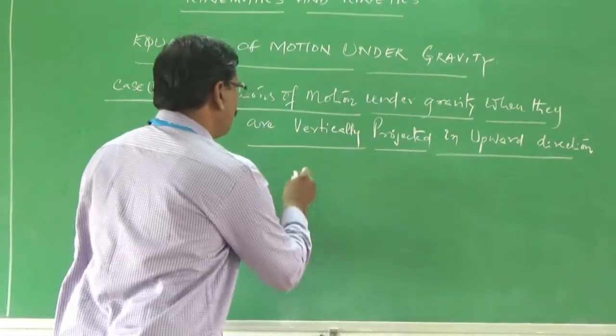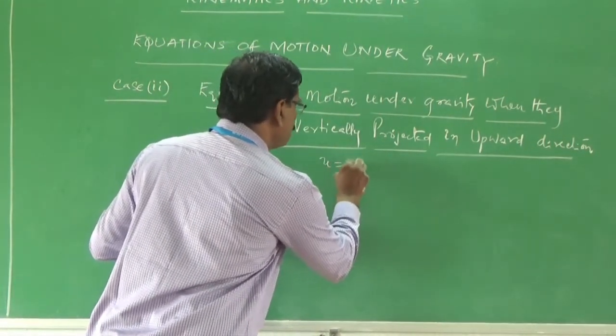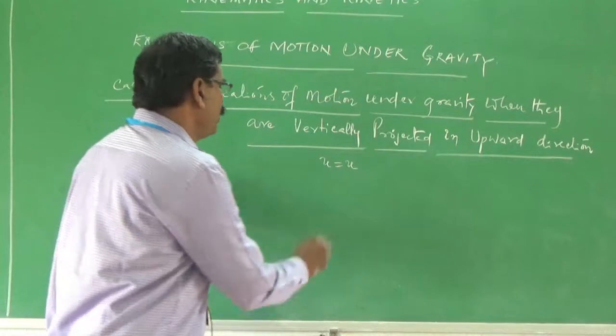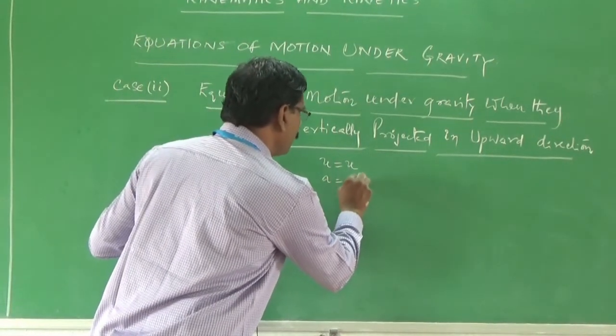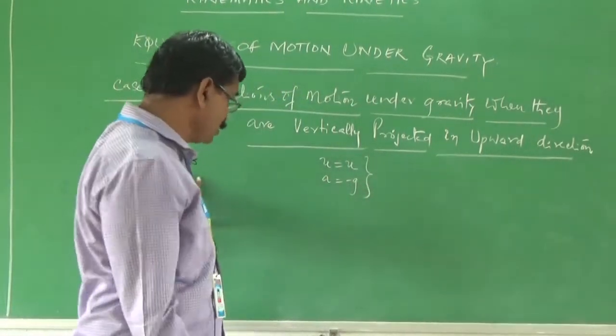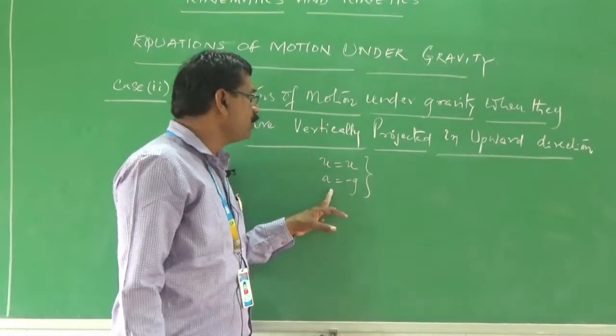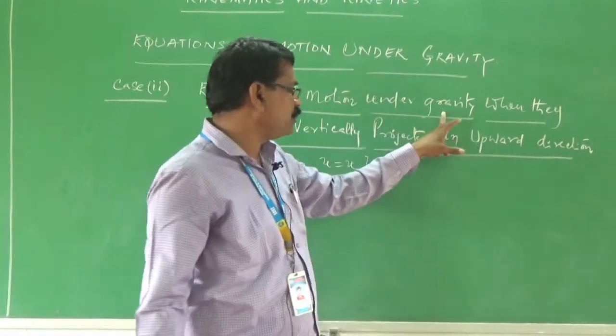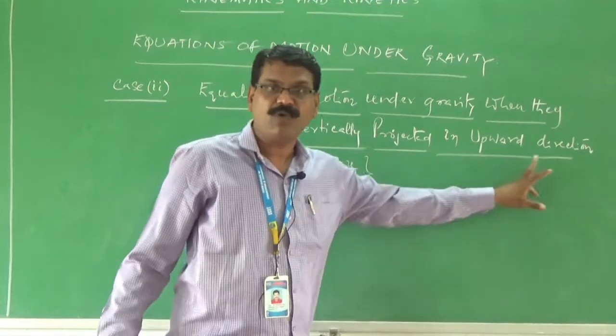That means we can represent it like this. My initial velocity u is as usual, there is no change at all, and my acceleration due to gravity a is equal to minus g. These two are the changes in the equations of motion under gravity when they are vertically projected in the upward direction.